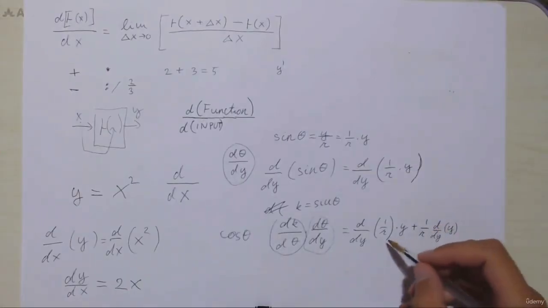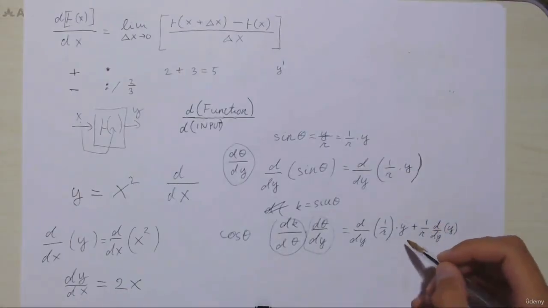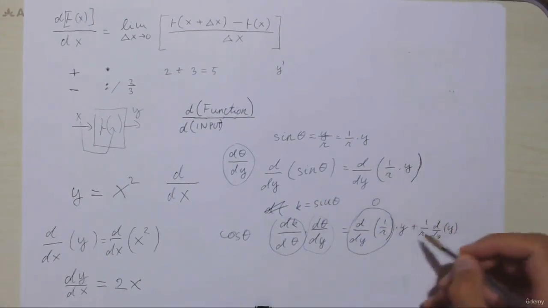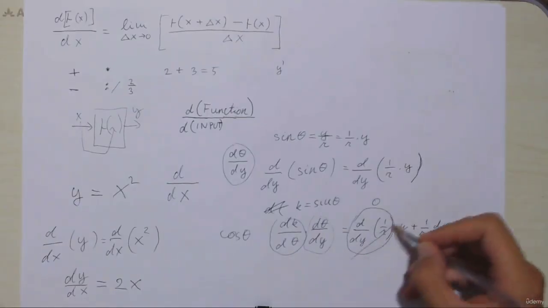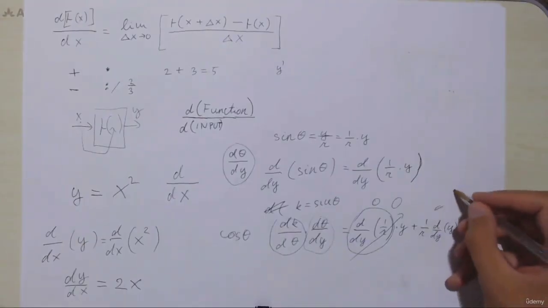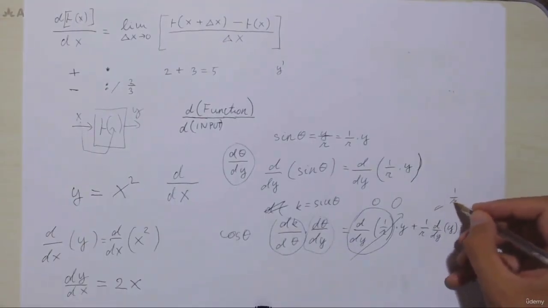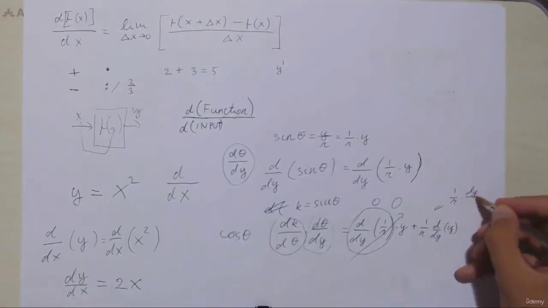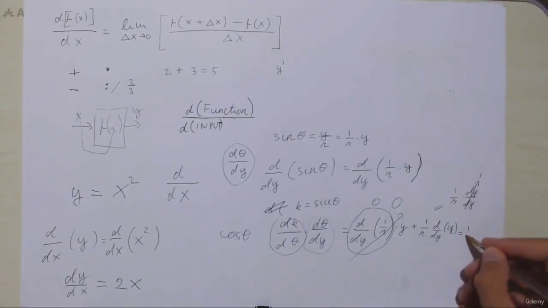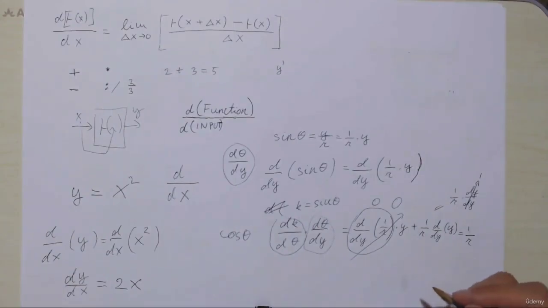And notice that if you take a derivative of a constant, then it would be 0. So 0 times y, everything would be 0. And here, it would be 1 over r times dy/dy. But dy over dy is 1. So you're left with 1 over r. So that's how you work with the operators.